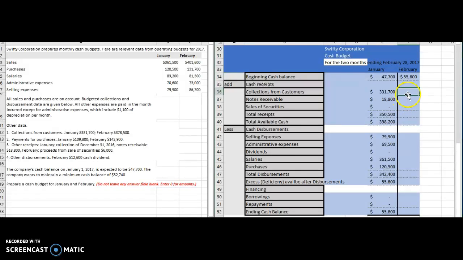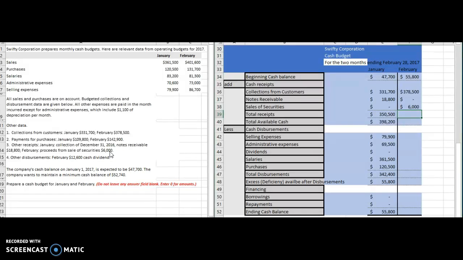For the month of February, collections from customers was $378,500. Notes receivable in February, there was none. Sales of securities in February was $6,000.